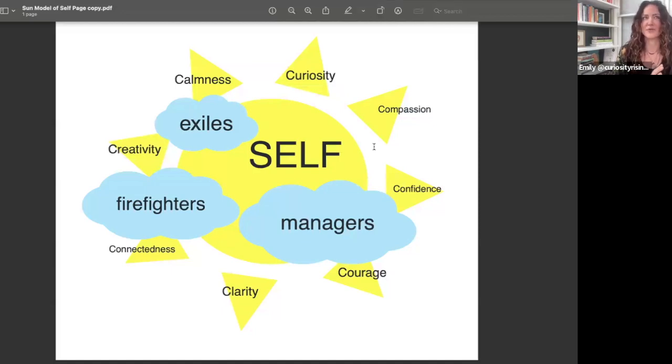We don't have to work hard to build it up. It's a model of subtraction, which means we work with the different parts, the clouds that are getting in the way of self. Once we work with those parts and those clouds are able to disintegrate a little bit, more self can come through. It's not a model of adding to. We're subtracting away the clouds and allowing that self sun to come through.